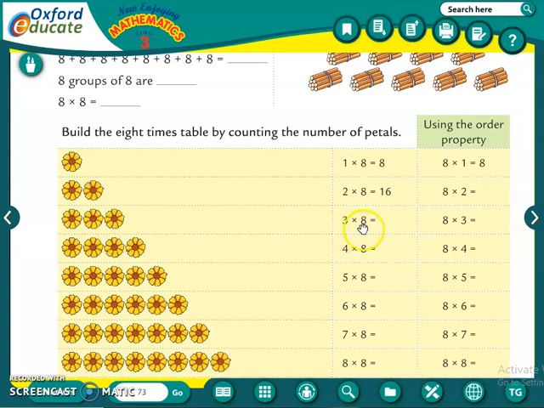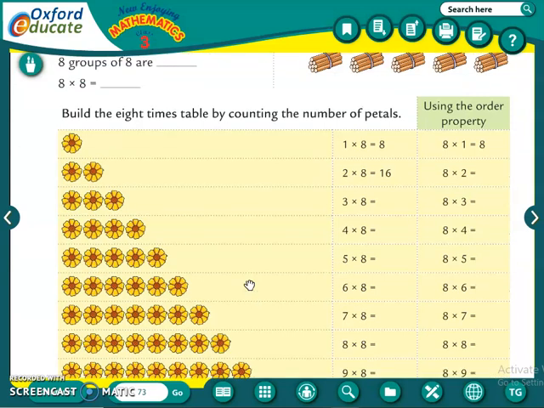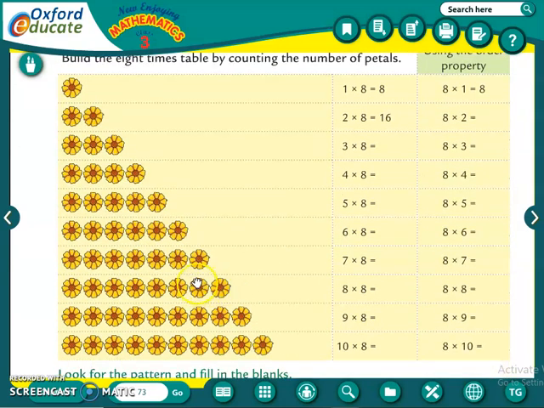That is why 3 multiplied by 8 is equal to... see, if you don't know the table of 8 but you know the table of 3, you can write the answer here. 3 eights are 24. Like this here we will write 8 threes are 24. So like this you have to complete this table by yourself, counting this, and you can write here in both the columns.